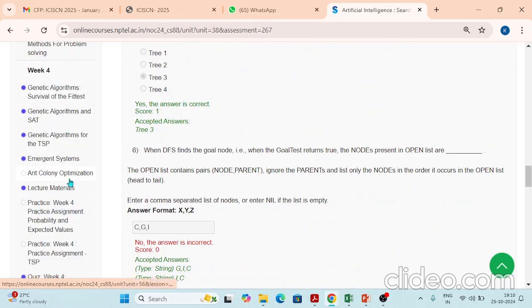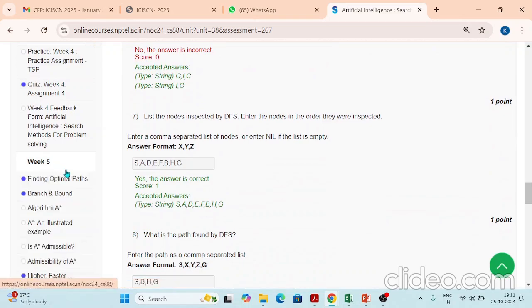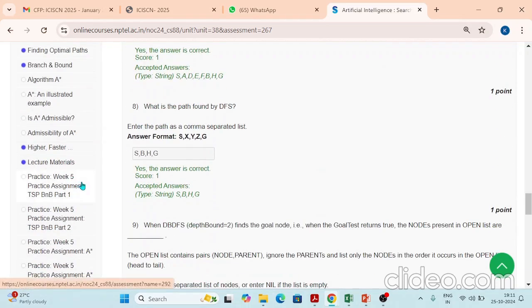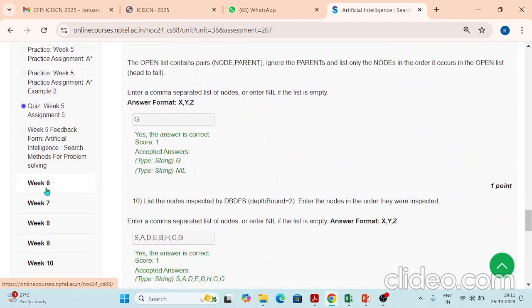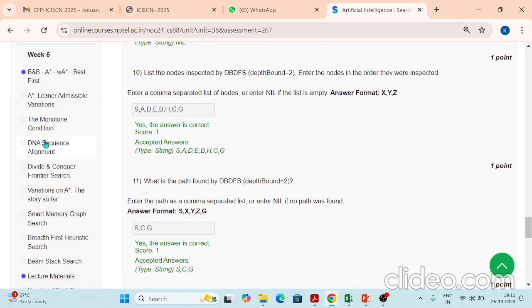Coming to the fourth week: best first search, A star algorithm, beam search, and branch and bound. These are the algorithms.